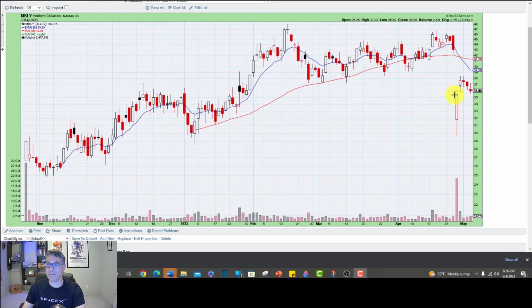Then you have this huge gap down and this big bounce, which we often see when the retail expert fundamentalists swoop in and say, my gosh, Mobileye is now 30% off. It's such a good value here. I'm going to buy. We get what's called a dead cat bounce.